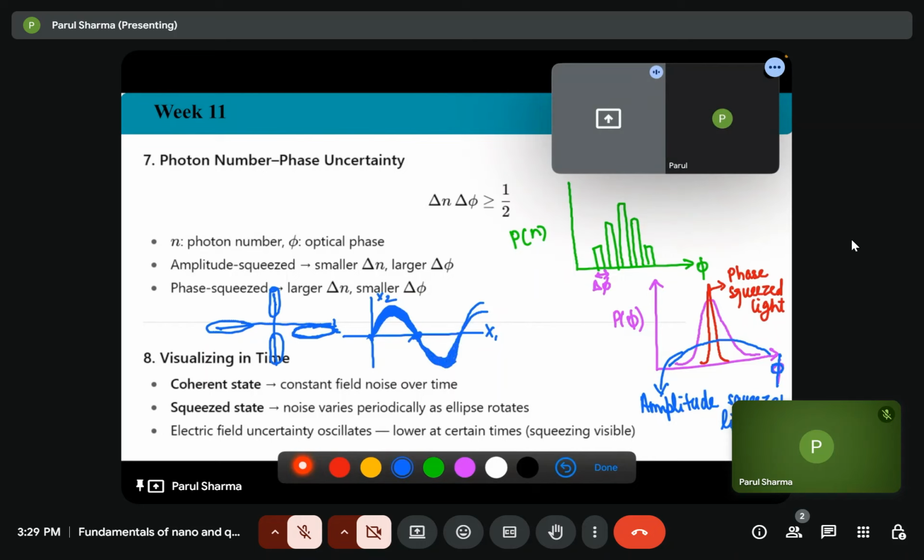But it doesn't mean that at all the time instances phase is less. Whereas for the amplitude squeeze states, for the amplitude squeezed, first it is like this, then this, this.